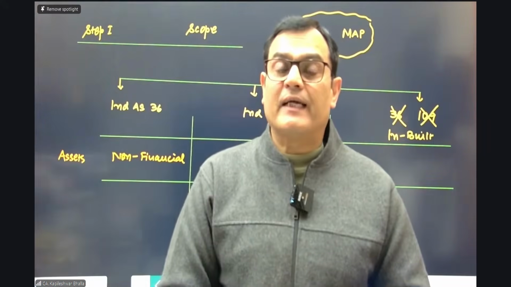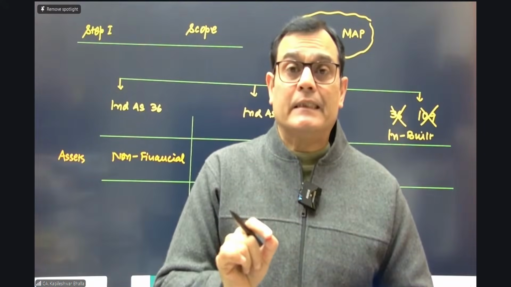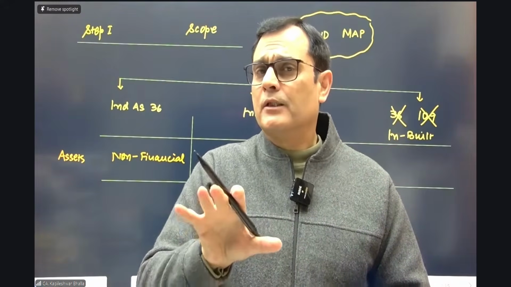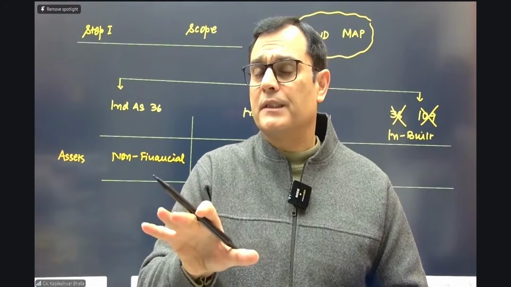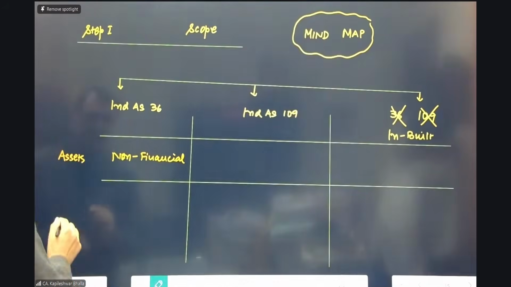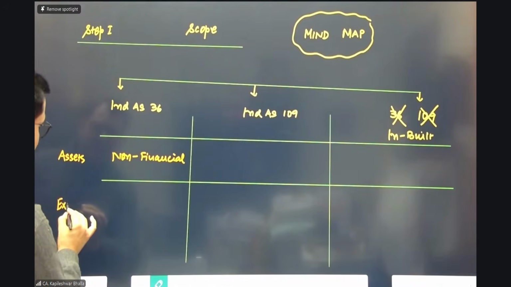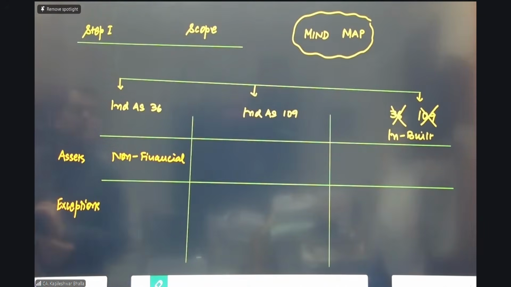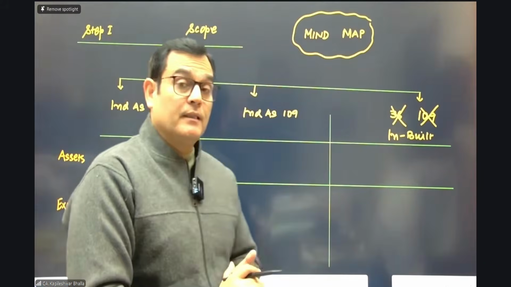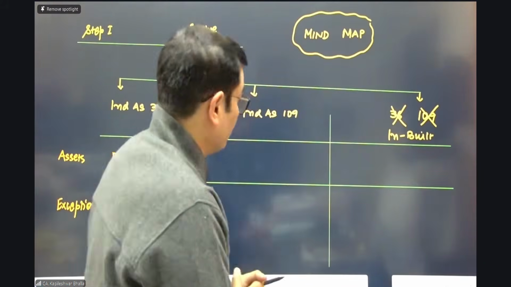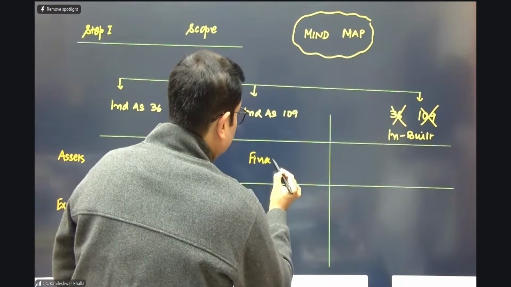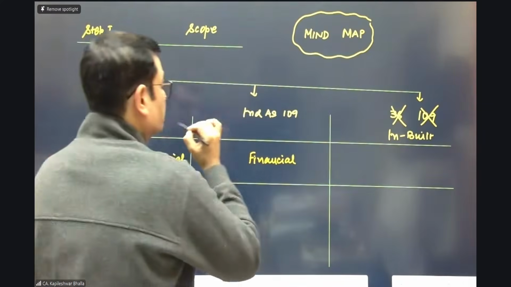Impairment of all the non-financial assets like PPE, intangible assets, investment property, etc. They're all covered under Ind AS 36. But you also need to remember that there are certain exceptions. There are certain exceptions in the sense they're financial assets, because Ind AS 109 is typically covering those assets which are financial assets in nature.